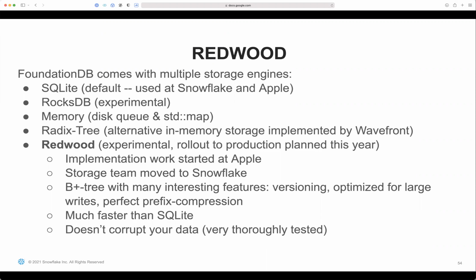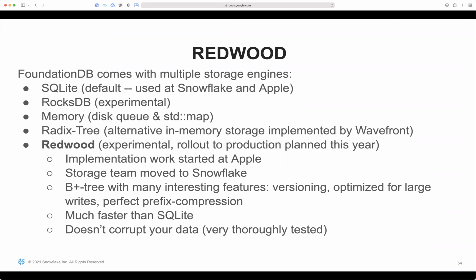And now we also have Redwood, which started development at Apple and is now developed at Snowflake. And we have hired the Redwood people away. This is a B+ tree, unlike SQLite, which is a B tree, with some interesting features, like it does some versioning and it's optimized for large writes.